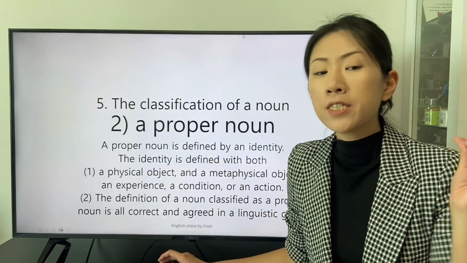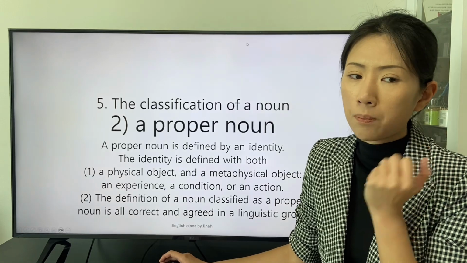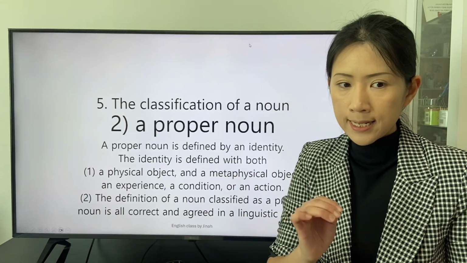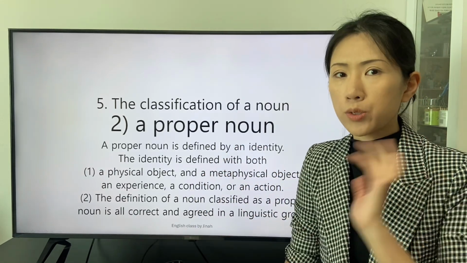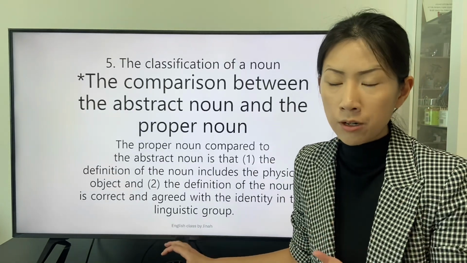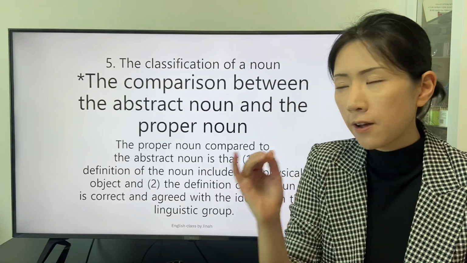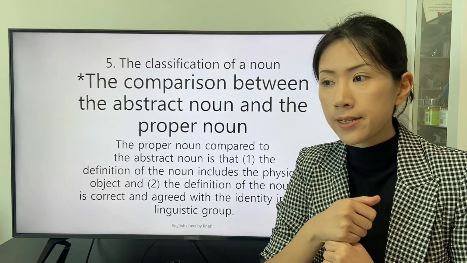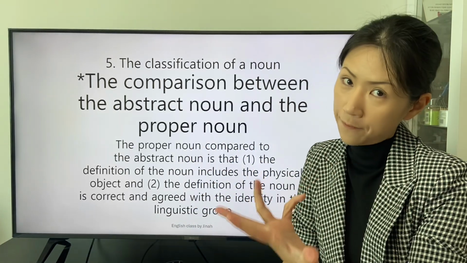Second, the definition of a noun classified as a proper noun is all correct and agreed in a linguistic group. Compared to the abstract noun, the definition of the proper noun has different features.